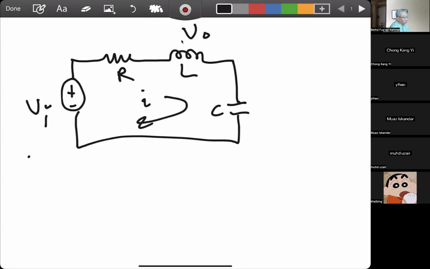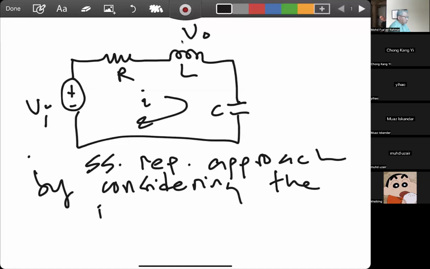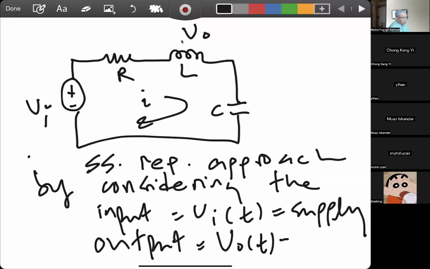So we want to model this RLC using the state space representation approach, by considering the input as VI or supply, and the output, which is at the inductance.